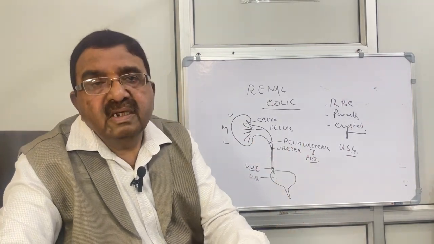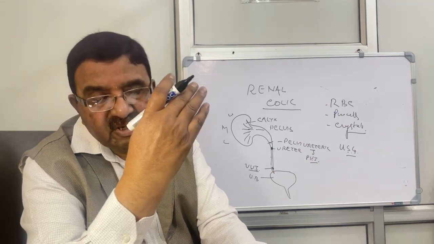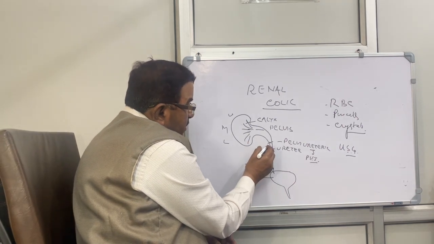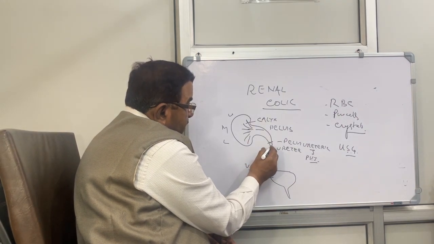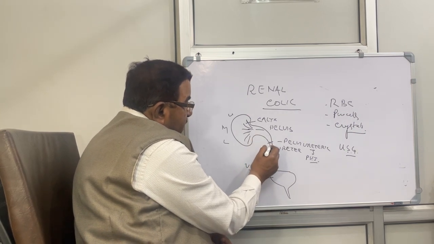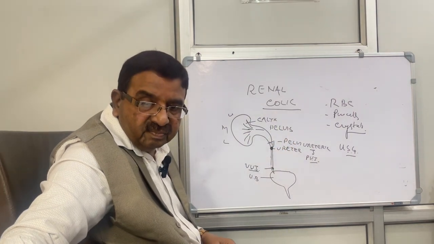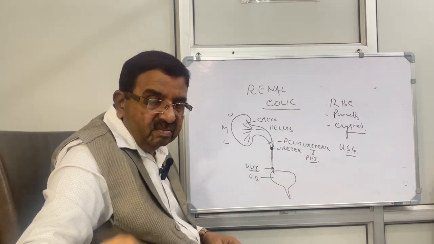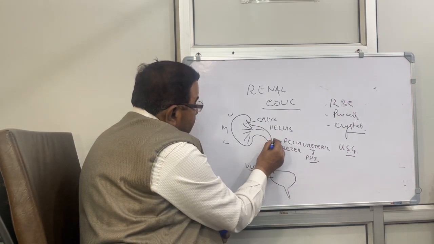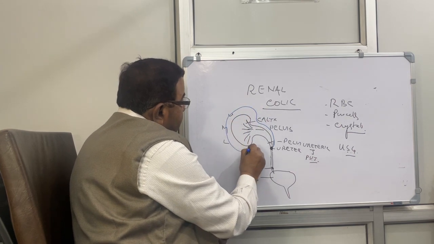and whether it is causing obstructive changes in the form of back pressure changes leading to hydronephrosis. Suppose there is a stone here, it is causing obstruction to the flow of urine, then the ureter above this area gets dilated, as well as the kidney gets dilated.